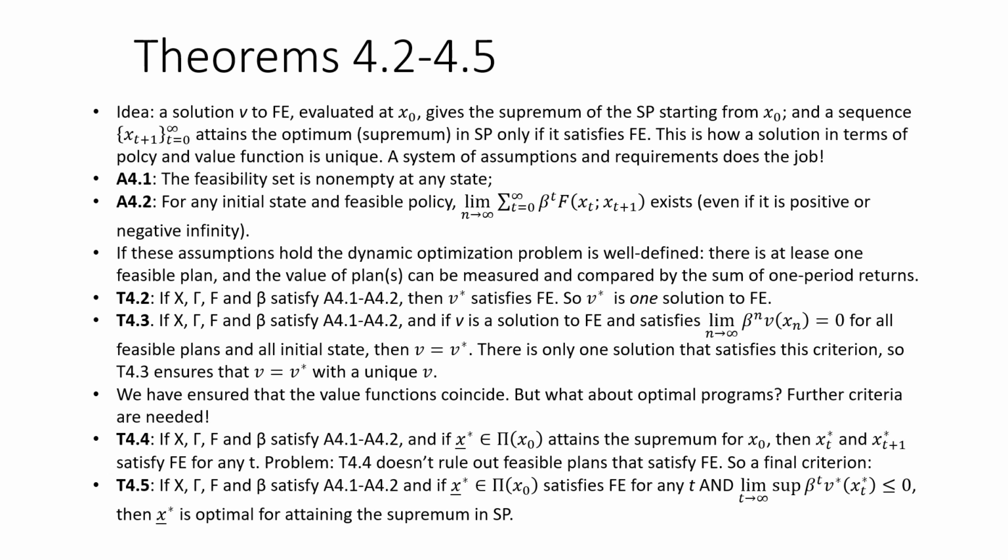So this is the reason why Theorem 4.3 and the criterion is so necessary. By abiding by this criterion, we can rule out any further solutions to the functional equation, and in the end we will have only one value function as the solution of the functional equation, and this unique solution is the supremum function itself.